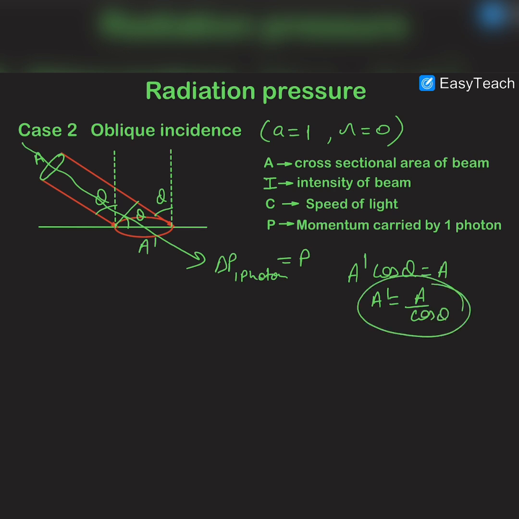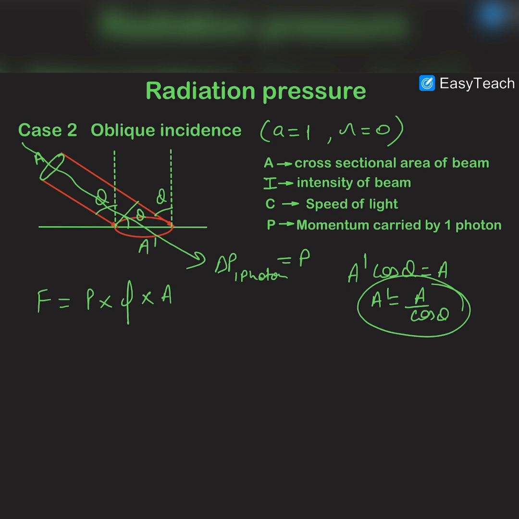Now the force acting on the surface in this direction, F, will be equal to the change in momentum of one photon into photon flux into the beam area A. Okay, this is the total force acting on the surface in this direction.